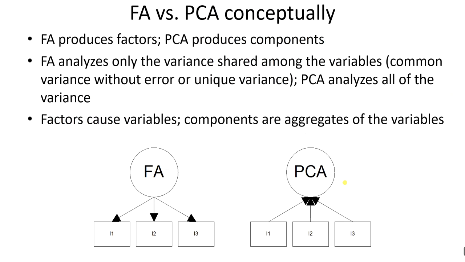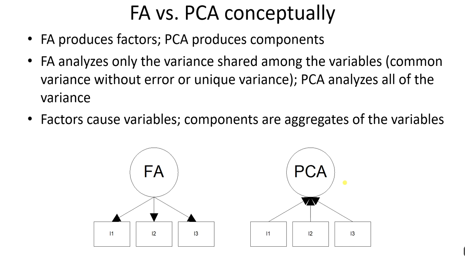Another technique which is similar to factor analysis is PCA, the principal component analysis. But principal component analysis is also conceptually different from factor analysis, as I said earlier while discussing the basic assumption. So I will not discuss much.